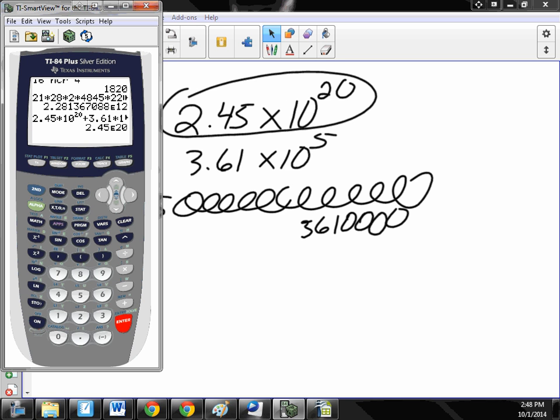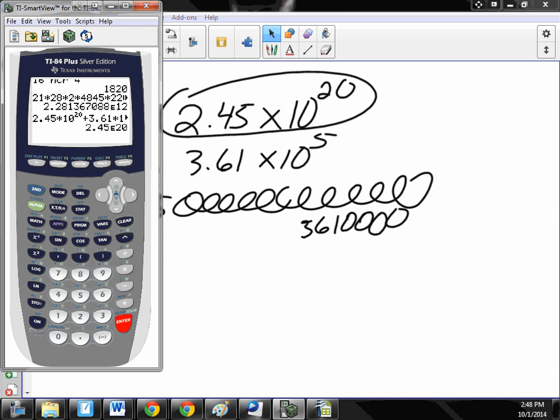I don't even care about those little numbers, those little peons. So if you're doing scientific notation, my recommendation is you do it all in your calculator. Something like this you might be able to look at and say, wait, there's no point.